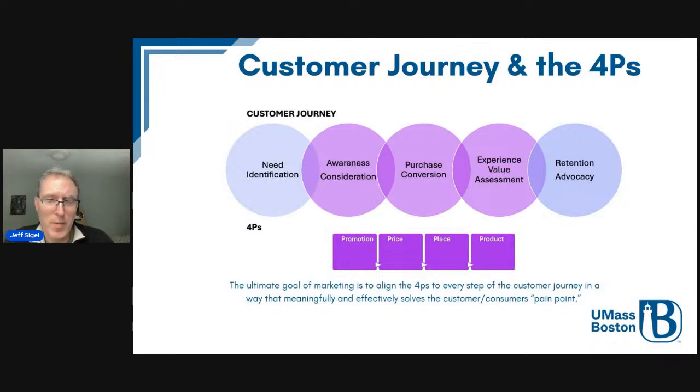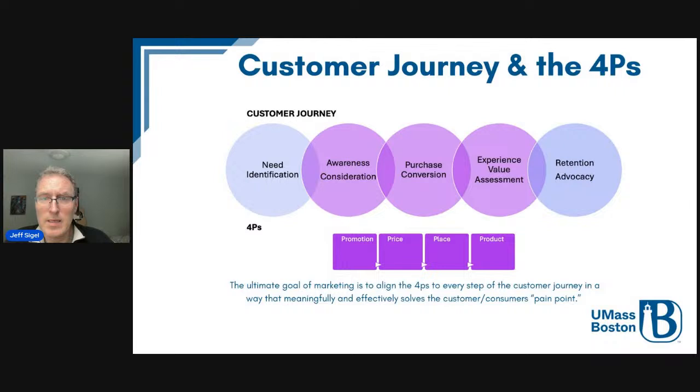So I'm going to go through a process as the consumer of considering all of those options that are available to me. A lot of that awareness and consideration happens online, right? As I'm searching for the possible solutions, and then I'm considering which solutions those are.